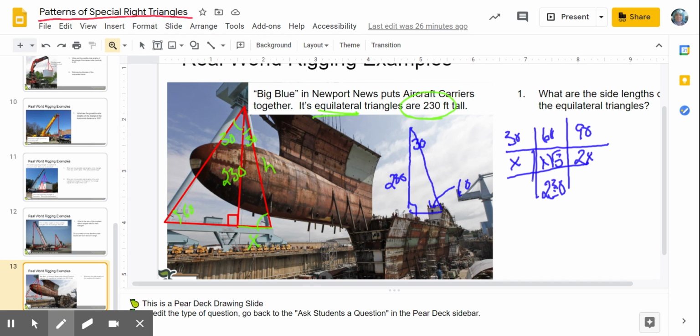Divide. So we set these equal to each other. x on the square root of 3 equals 230. So we definitely divide by the square root of 3. And what do we get?